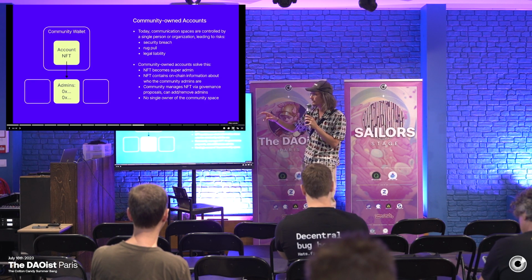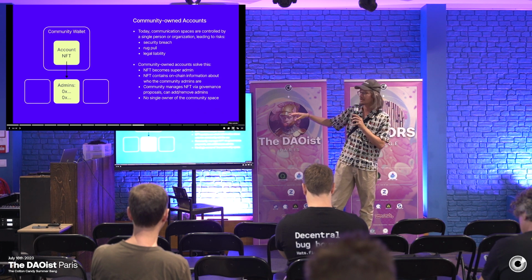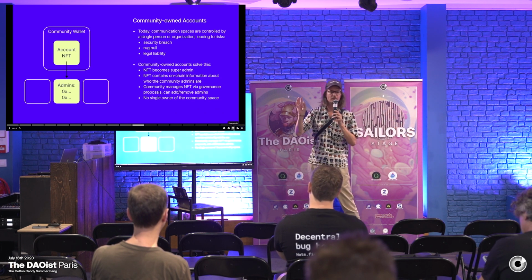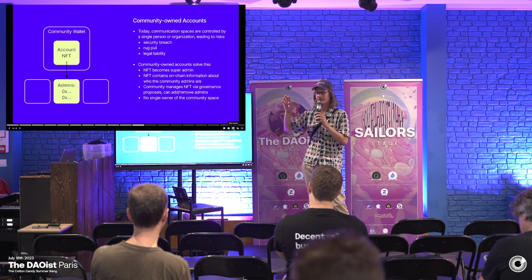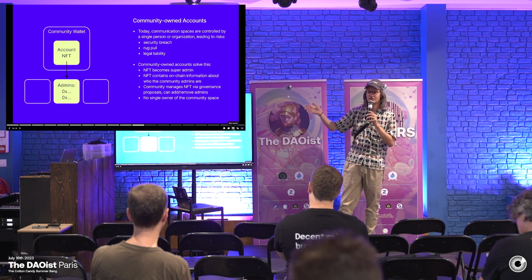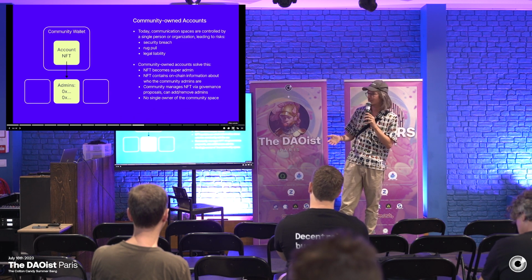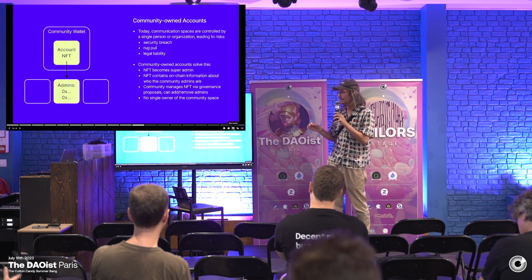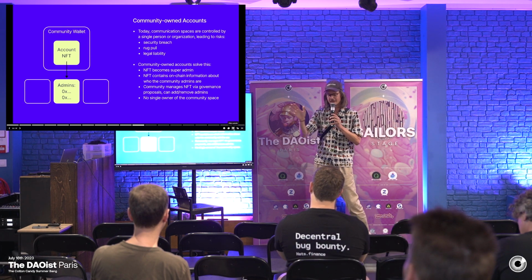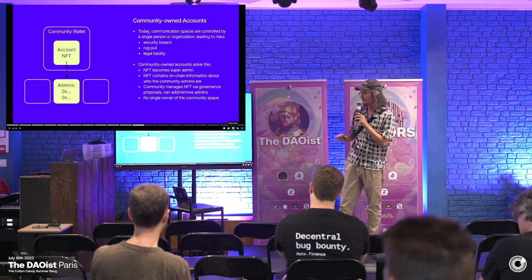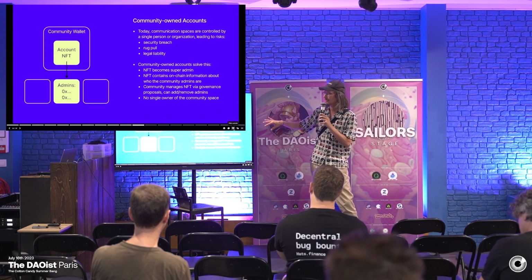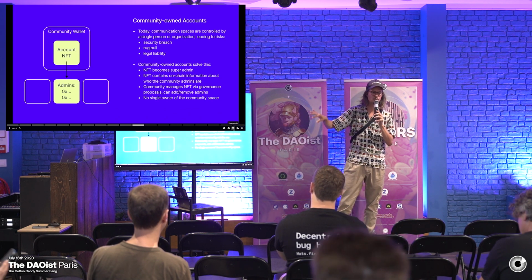Quickly on this idea of community-owned accounts, so I mentioned it today, if you are the one person that created the Discord for a particular DAO that is running a DeFi protocol, you're extremely exposed in the legal liability realm for this. So what we've implemented in Commonground is this idea of an NFT as a super admin.